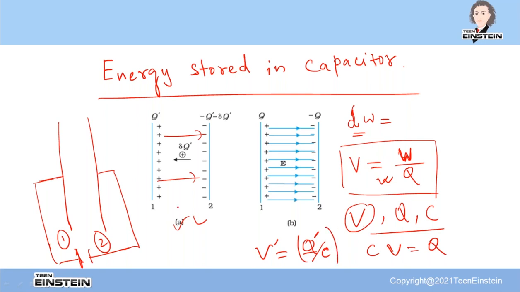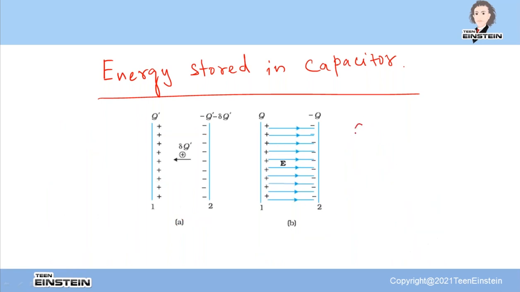The work done to bring delta q prime charge from conductor 2 to conductor 1 is dW is equal to V prime into delta q prime. What is V prime here? V prime is Q prime by C. This is your potential and this is delta q prime.